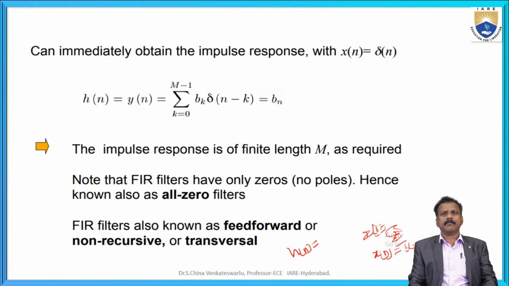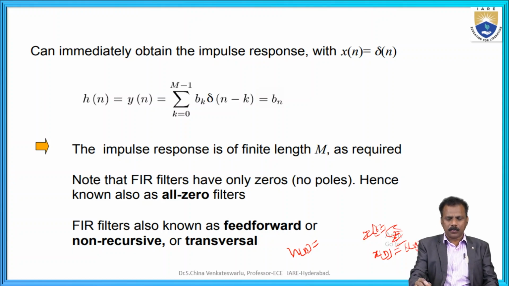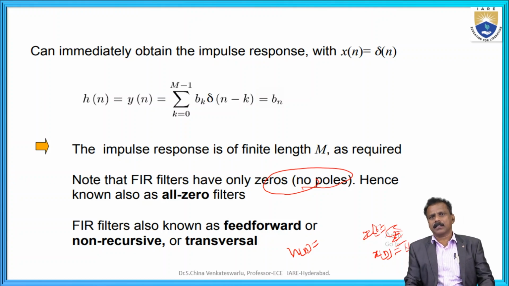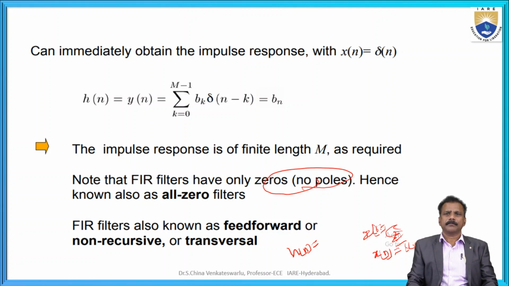Note that FIR filters, finite impulse response filters, have only zeros, no poles, hence they are also known as all-zero filters. FIR filters are also known as feed forward, or we can consider non-recursive, or we can consider the transversal concept.